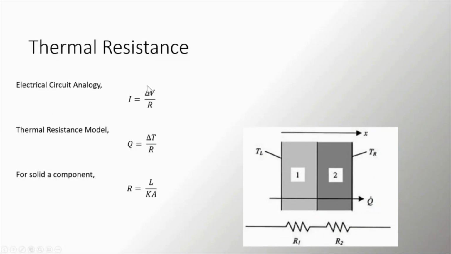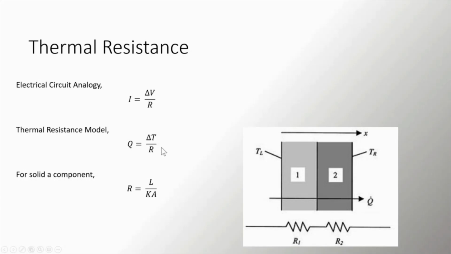We can use a similar analogy in the thermal resistance model. So the amount of heat transfer is proportional to the temperature difference and inversely proportional to the resistance. So if you know the Q and the delta T, you can figure out the R. Or the other way around, if you know the R, you can get this too.